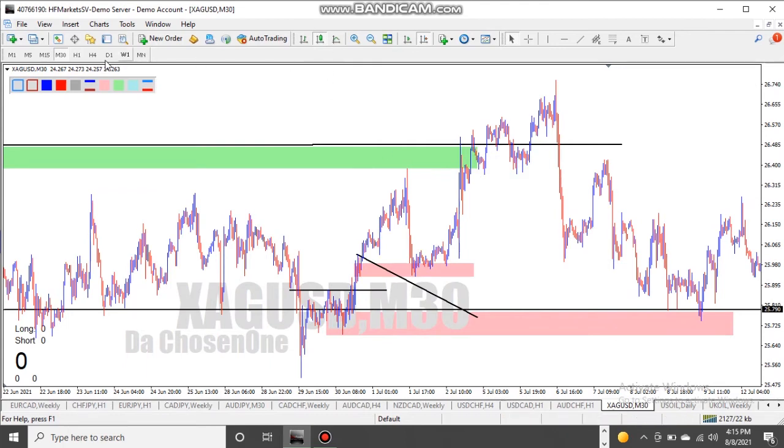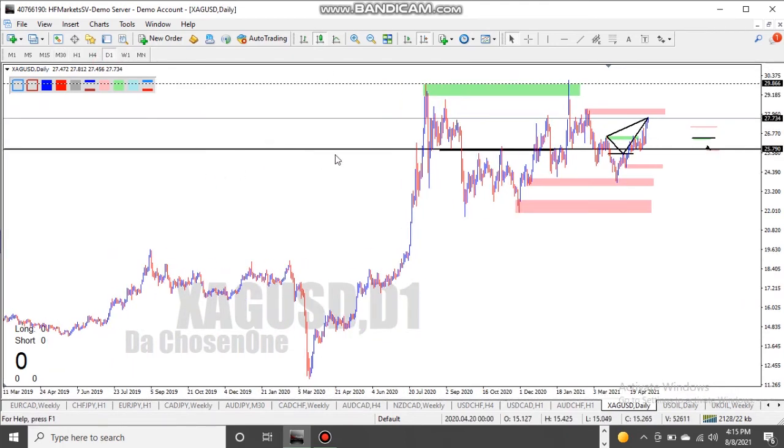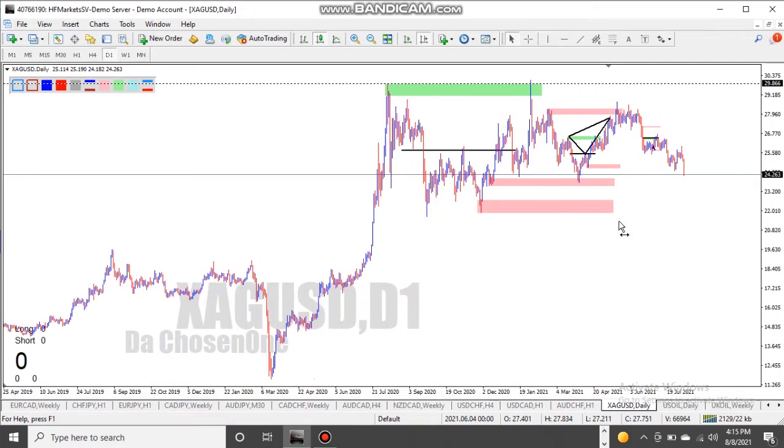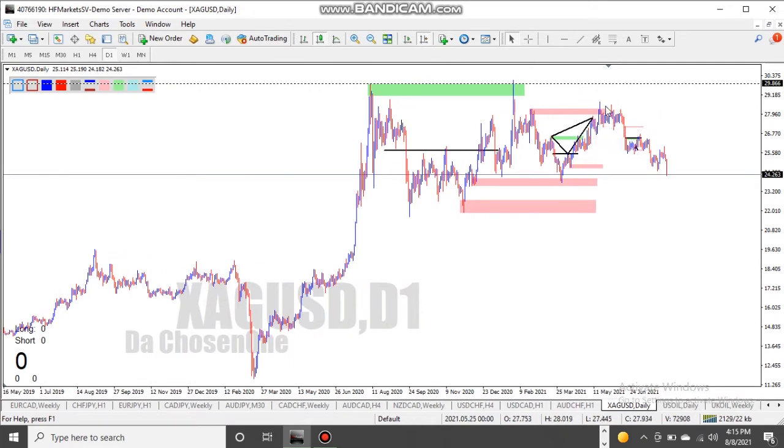So we also have this pair over here, silver. This is a very volatile pair. As you can see, this was a fill. Silver was held at this decision point, creating a fill, and we also have another fill over here.